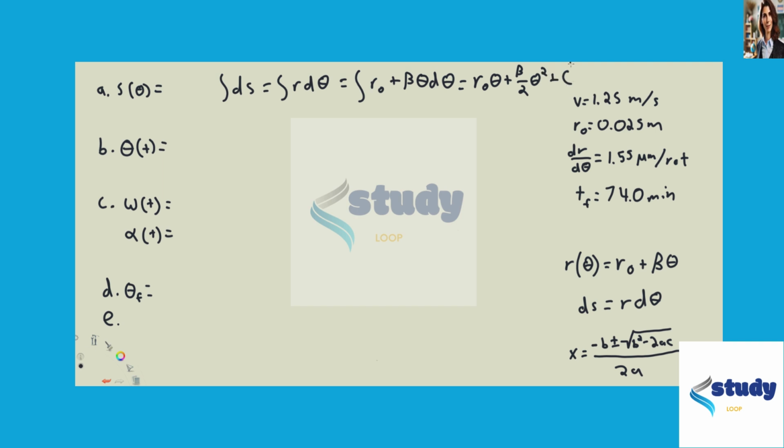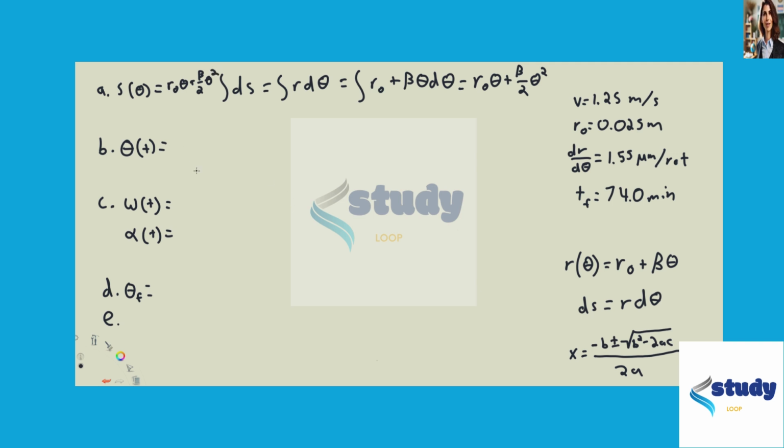But in this case, we don't care about plus c because we know that it's starting at position 0. So here's our answer to A: r naught theta plus beta over 2 theta squared.